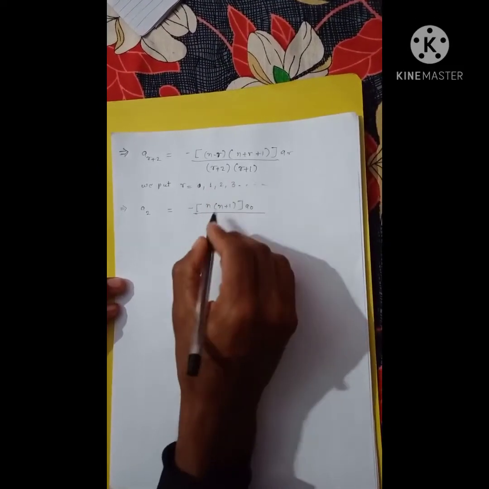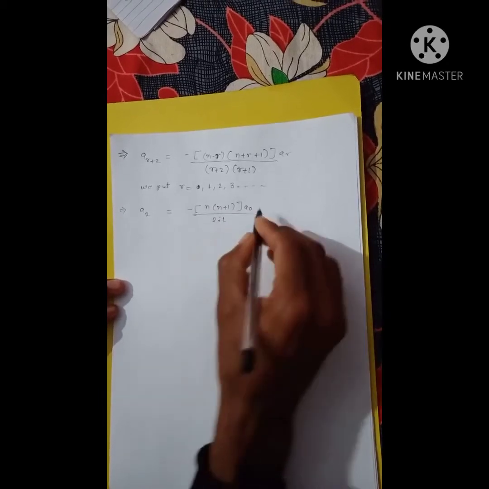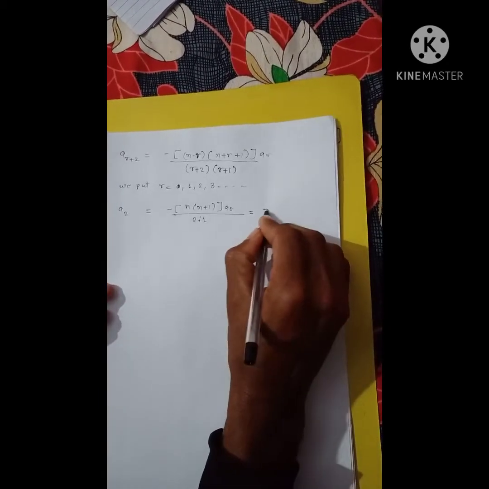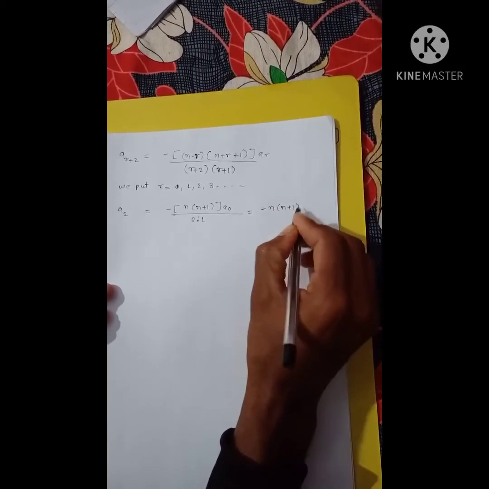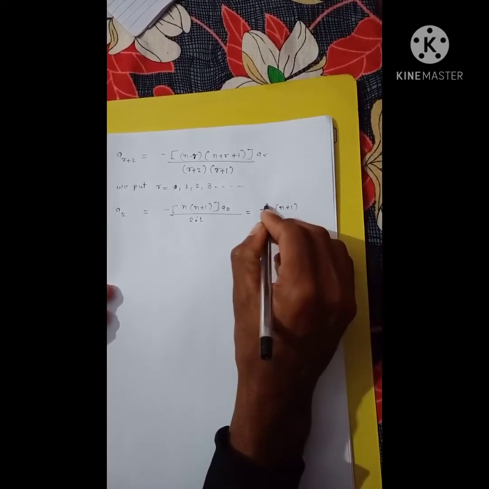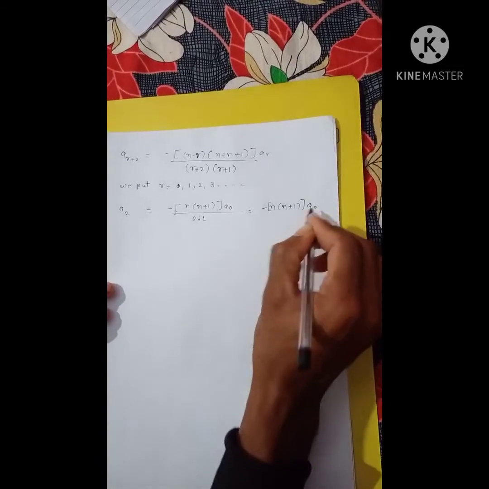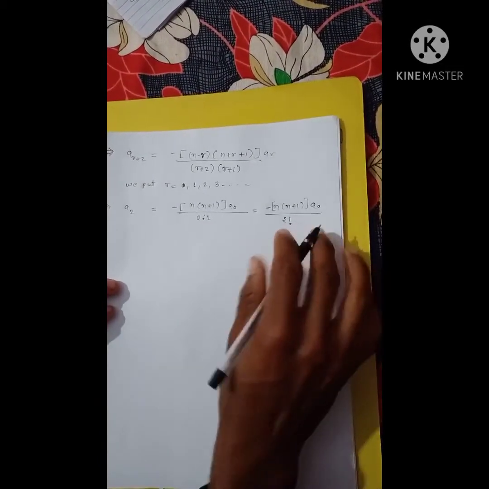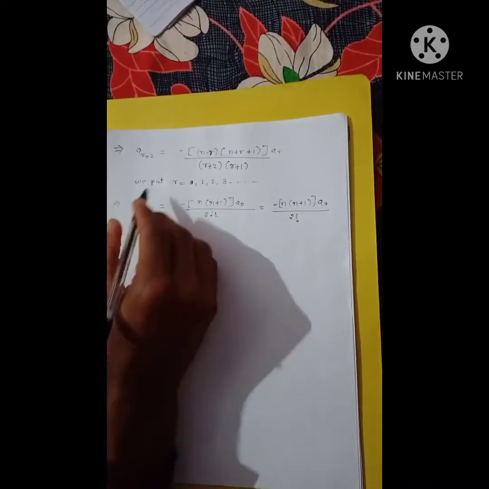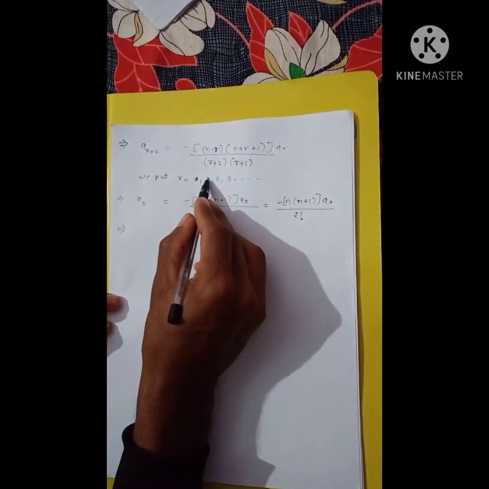So 2 into 1 is equal to minus n into (n plus 1) a0 upon 2 into 1, which becomes 2 factorial. And now we put r is equal to 1.